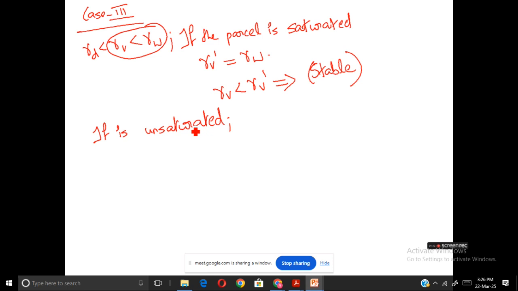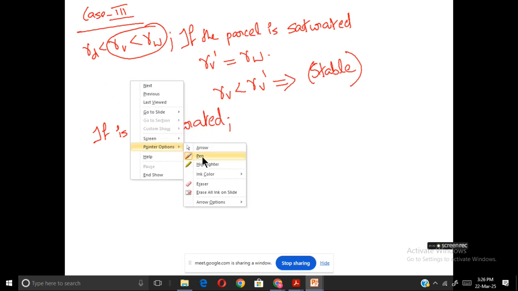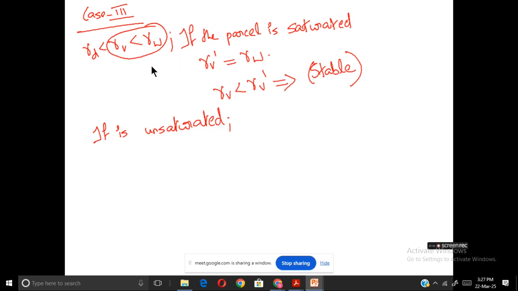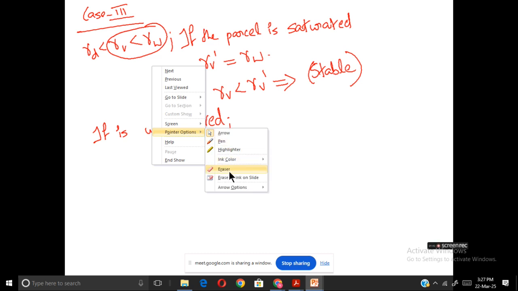if it comes in between, gamma D has the highest value and gamma W is the lowest.